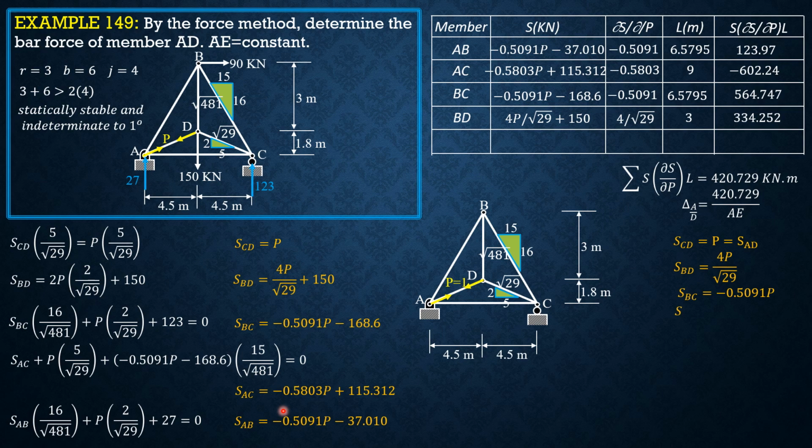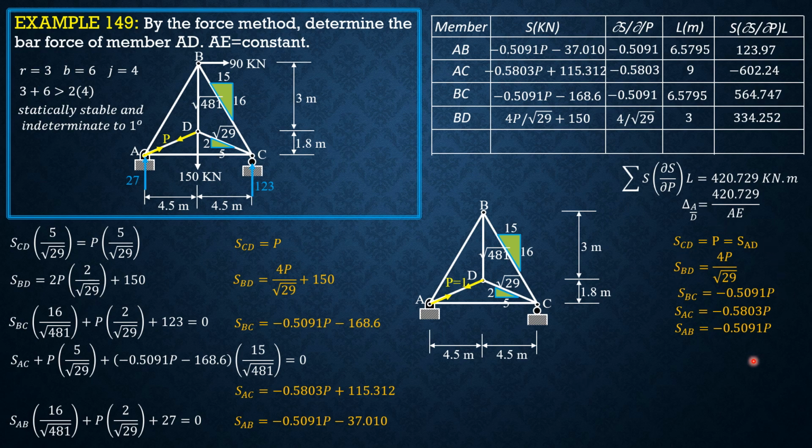SAC is negative 0.5803P. And SAB is negative 0.5091P. And remember that AD is now a member, so it is SAD. So there are 6 members, 6 bars to be tabulated in computing FAD due to the unit load. So that would be on the next slide.